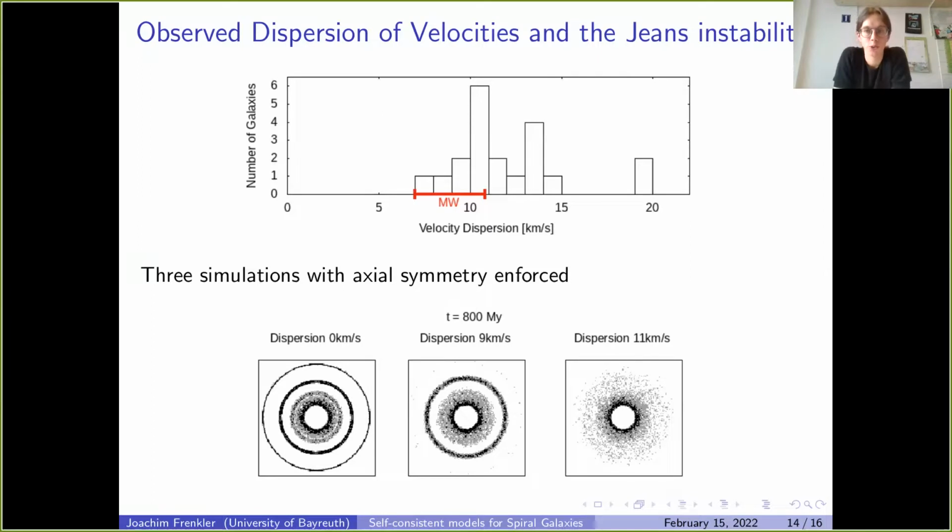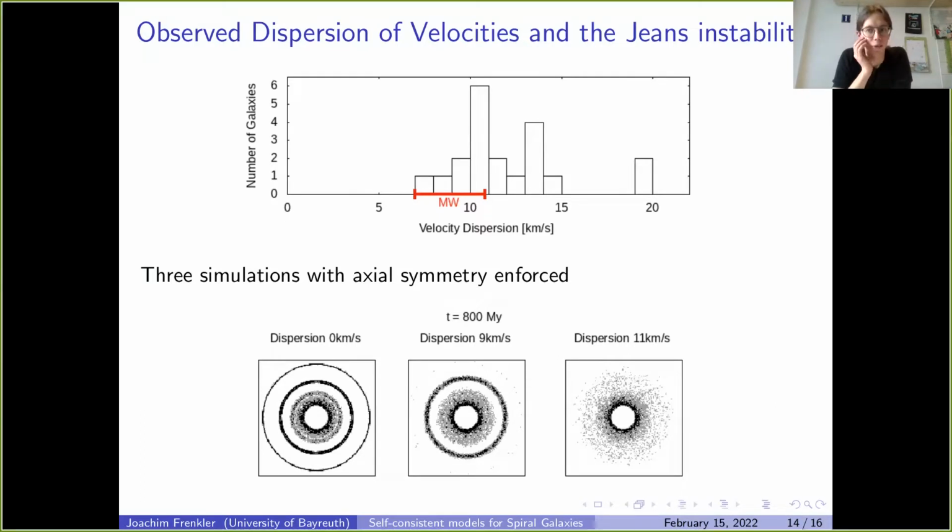And I'm curious looking forward because I plan to tackle this problem next. I'm curious how this dissipative process will fight against the Jeans instability, if this really gives realistic results.